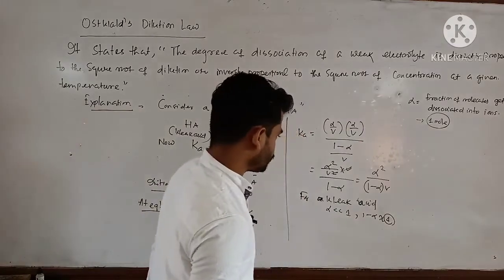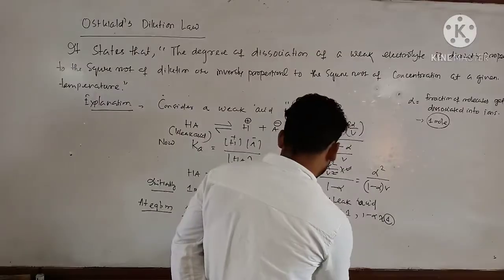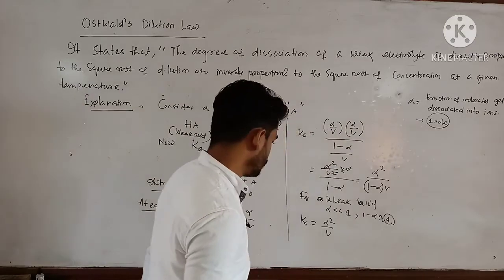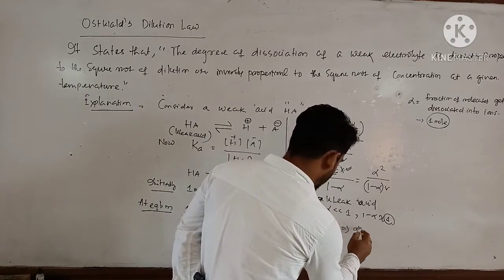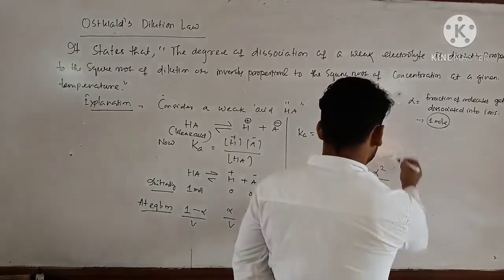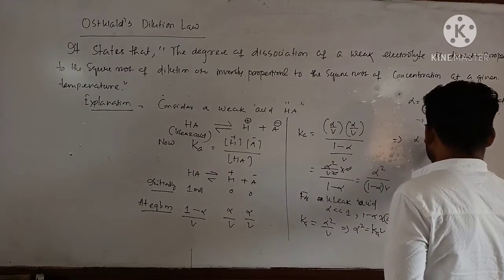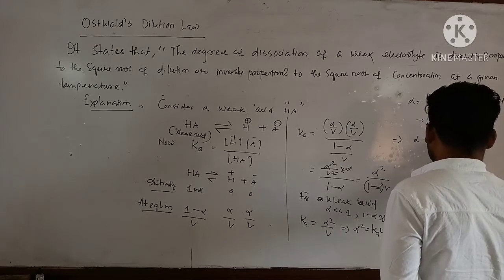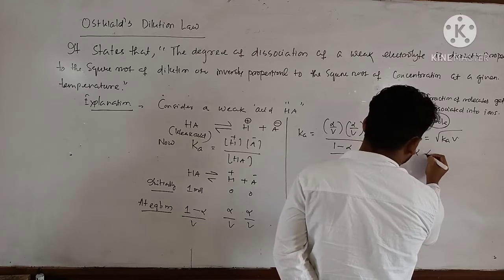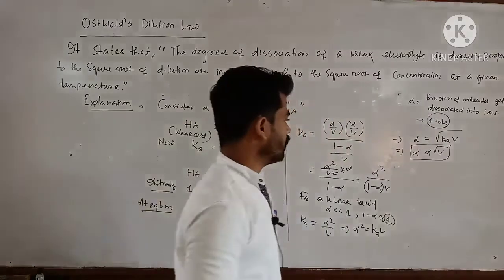For a weak electrolyte the degree of ionization is very small. So Ka is equal to alpha square by V, which implies alpha square equals Ka into V. So alpha is equal to the square root of Ka into V, meaning alpha is directly proportional to the square root of V. Dilution means volume.